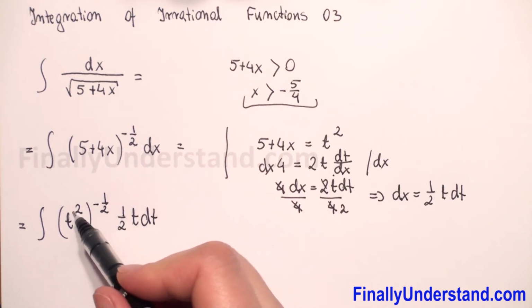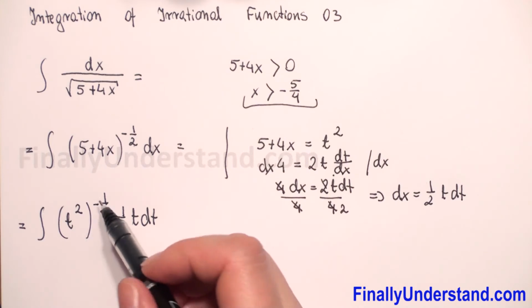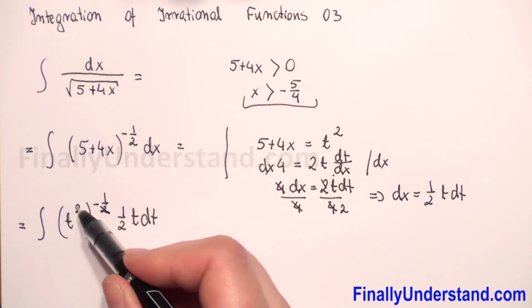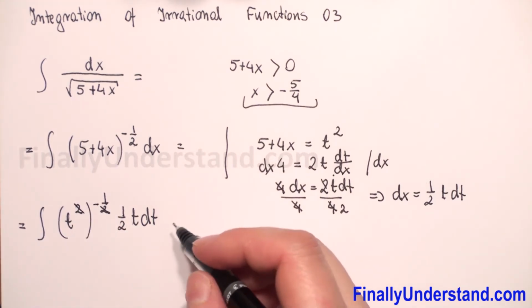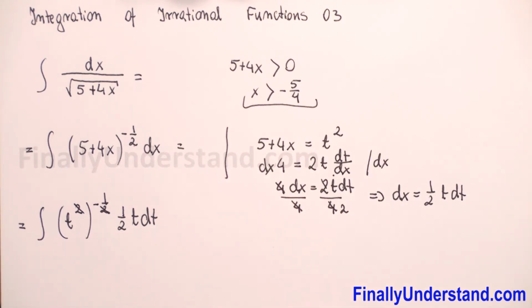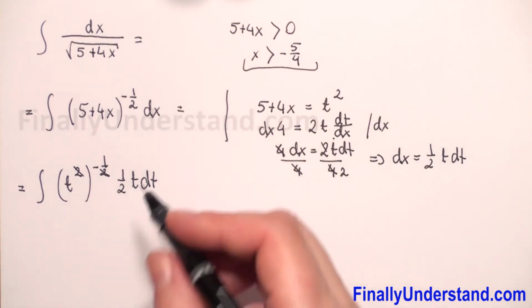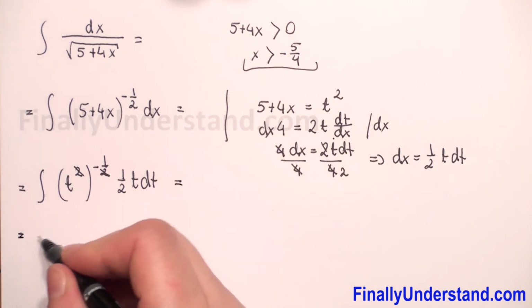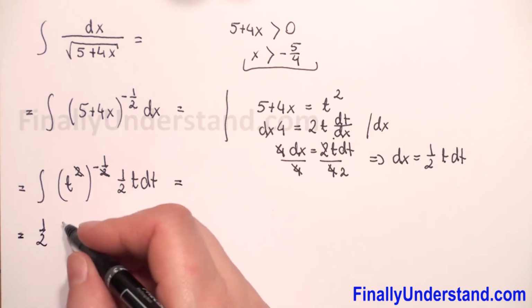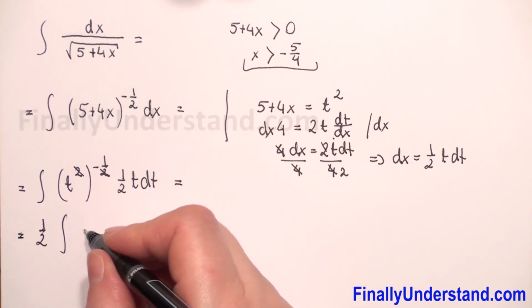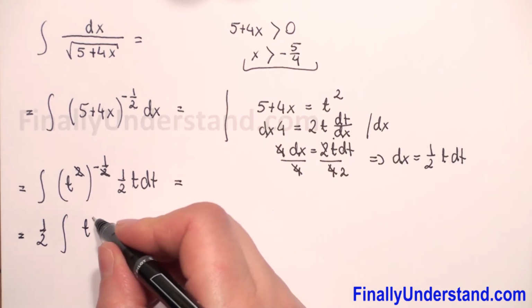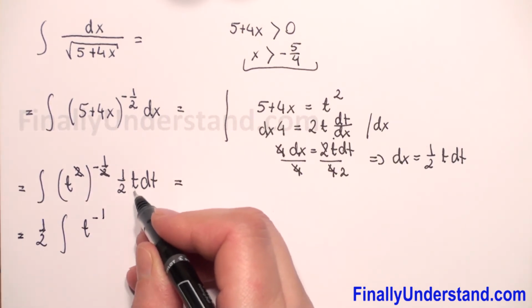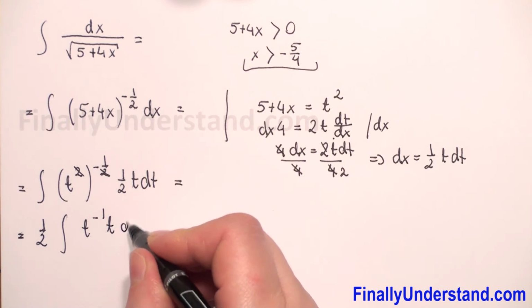Now we can reduce. When we have power to power, we do multiplication. So 2 and 2 we can reduce, and we can put 1/2 before the integral symbol. So this is equal to 1/2 integral of t to the power negative 1 times this t dt.